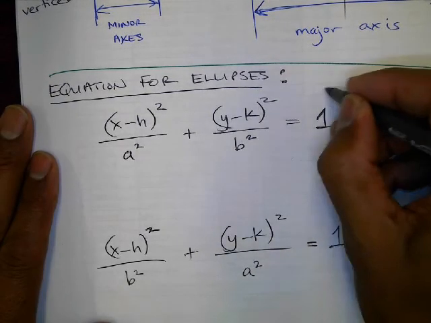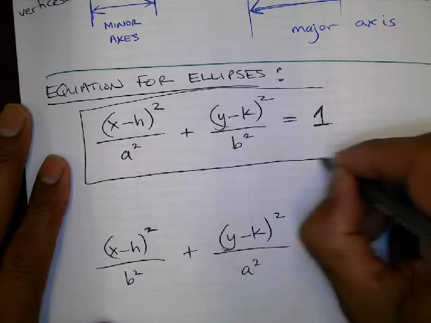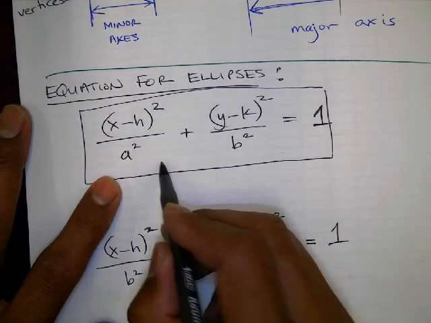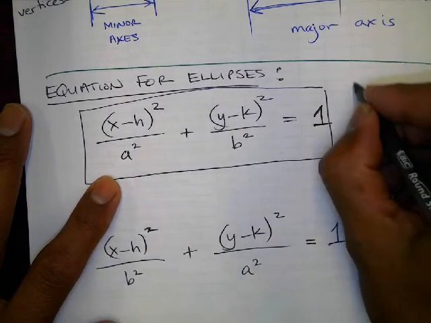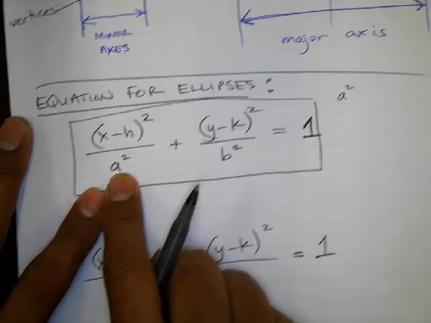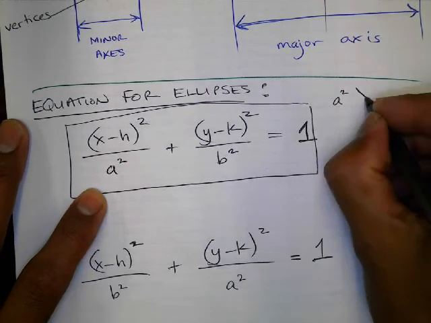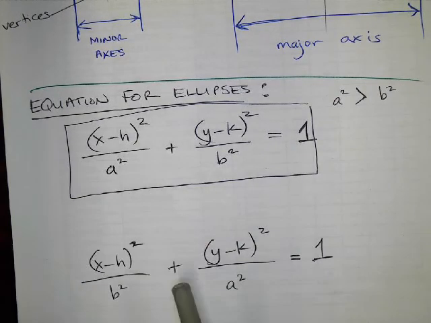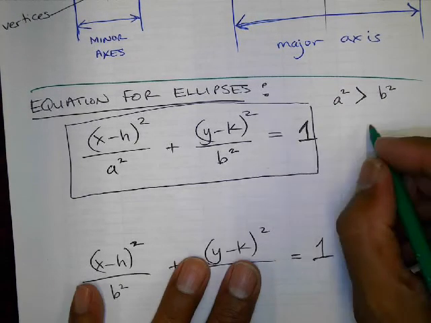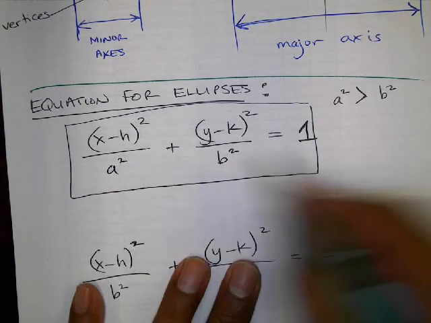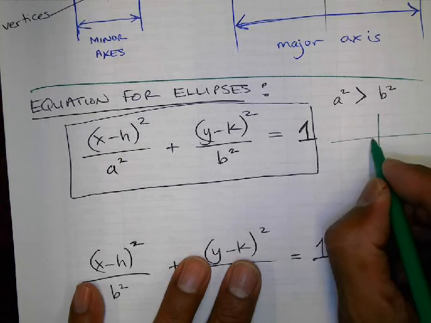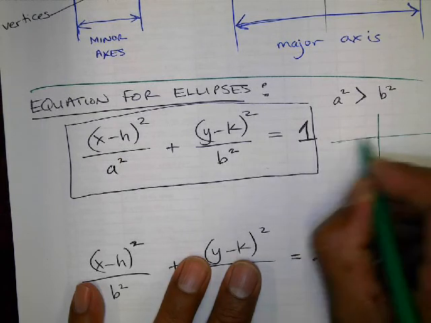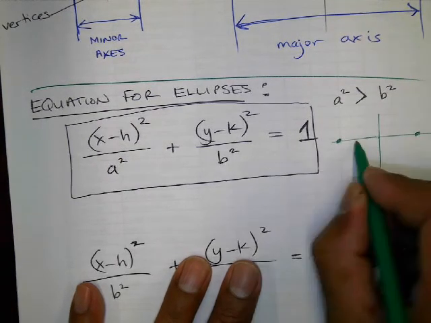Well, it's actually going to be the same, but in this first scenario, if this number is greater, bigger than this one, then since it's under the x, this will be an ellipse where this number is bigger.